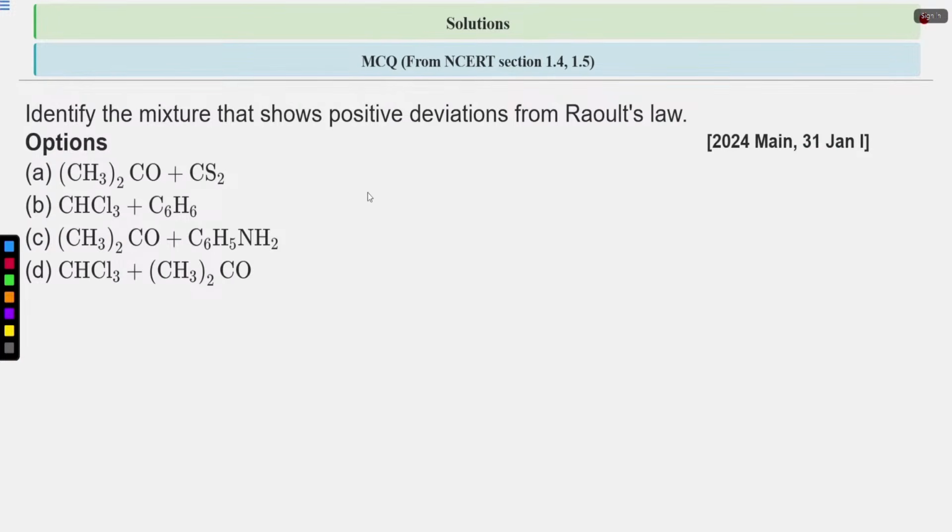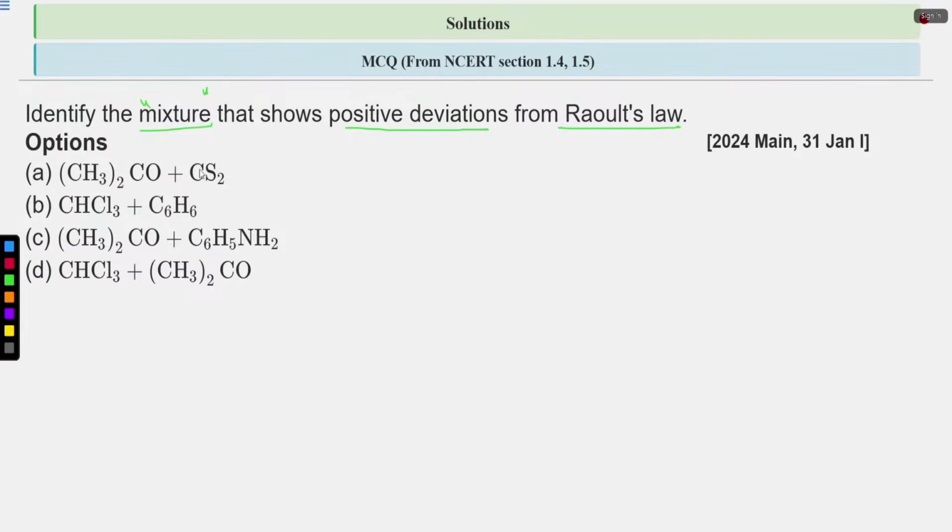Okay, this question is again an MCQ and it covers the NCERT sections 1.4 and 1.5. The question says: identify the mixture that shows positive deviations from Raoult's law. From the given options, we have different mixtures, and you have to identify the one mixture which will show positive deviation from Raoult's law.